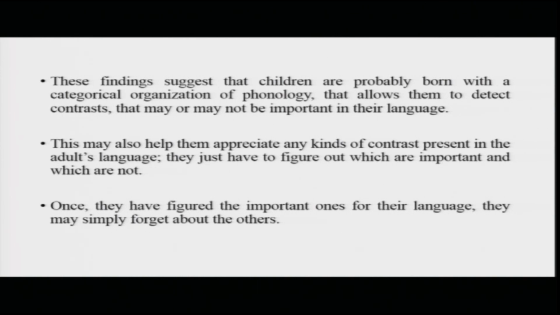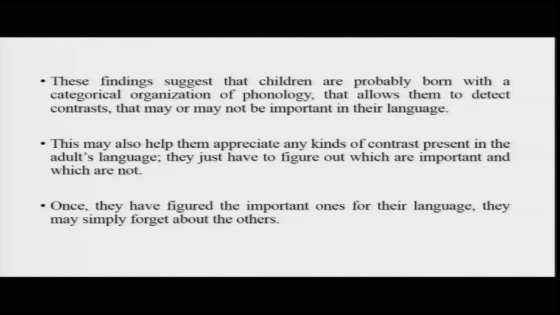As I said, this will keep them prepared to learn any of the languages that are there. Now, once they have figured out the important phonological contrasts, so this ba and pa is important for my language, but if I am a Kikuyu speaker, ba and pa is not important for my language. So, after I am 6 or 8 months old or 1 year old, I should probably forget it. I should not probably be remembering this. Does that really happen?